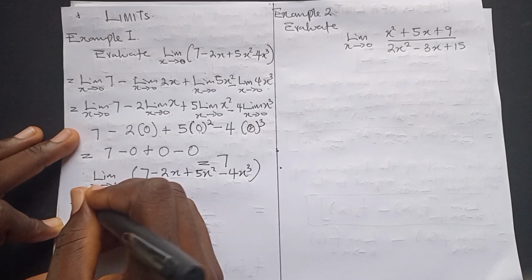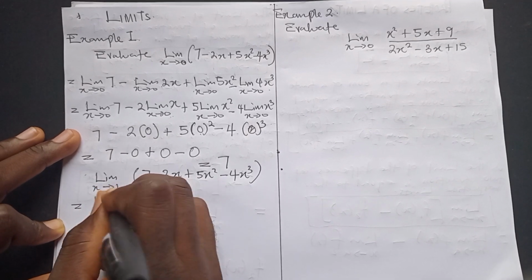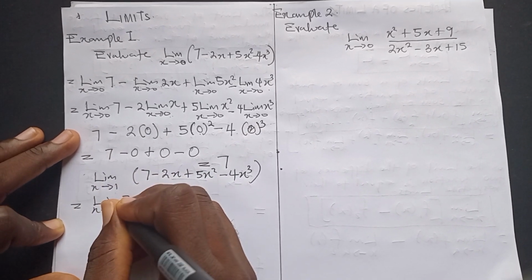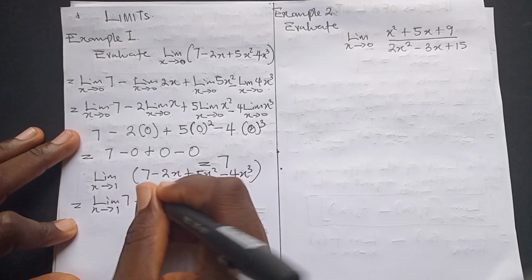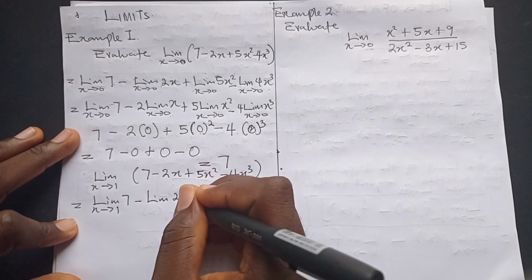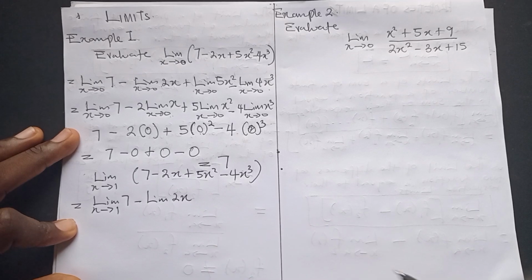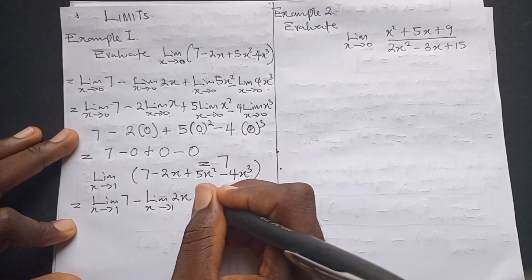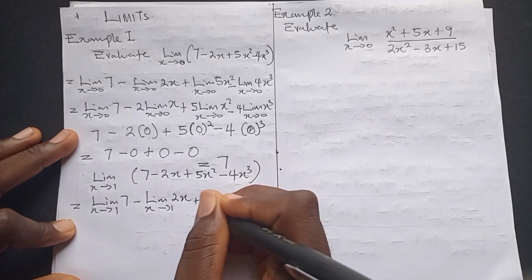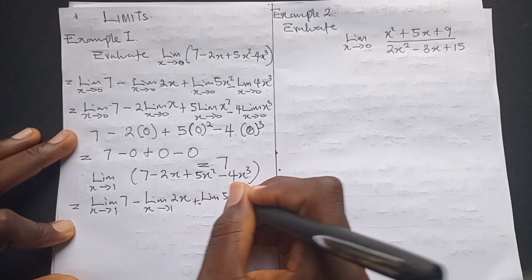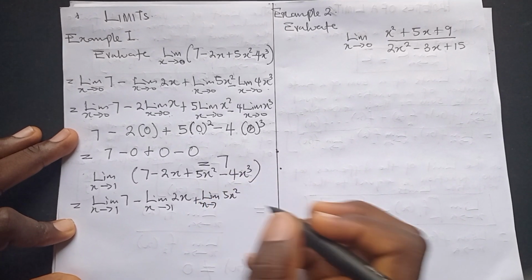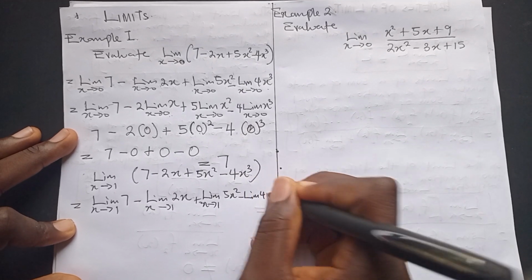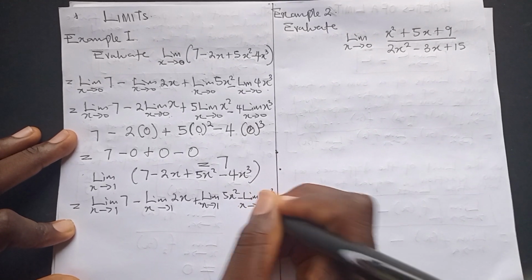So this is equal to lim 7 when x tends to 1, minus lim 2x when x tends to 1, plus lim 5x squared when x tends to 1, minus lim 4x cubed when x tends to 1.